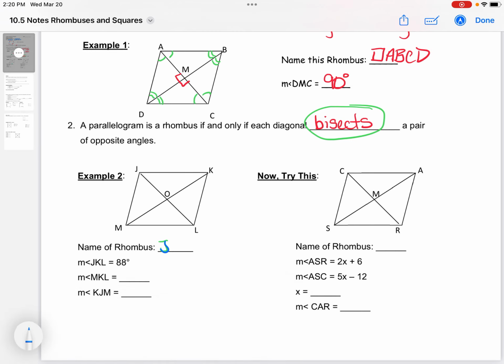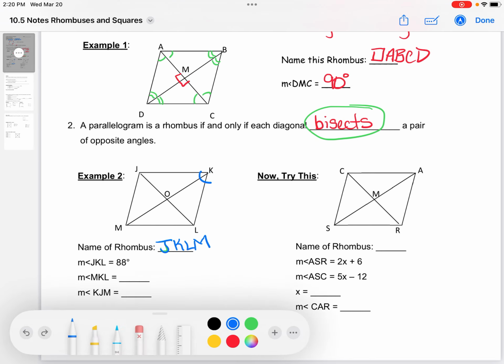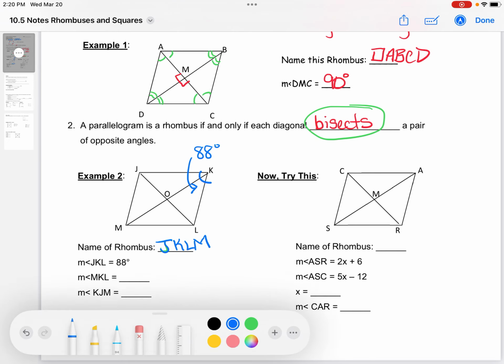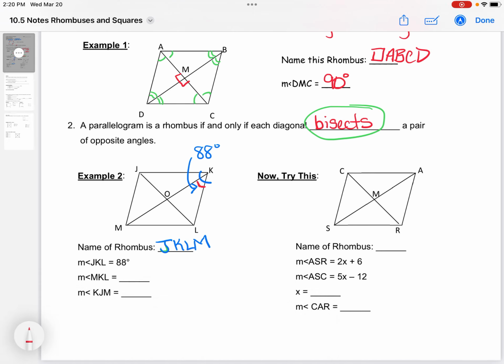Okay, so let's name our rhombus J. Oh, I don't like green. We all know that. J, K, L, M. J, K, L is 88. So that means MKL, this half of it, is going to be 44 because it's cut in half.